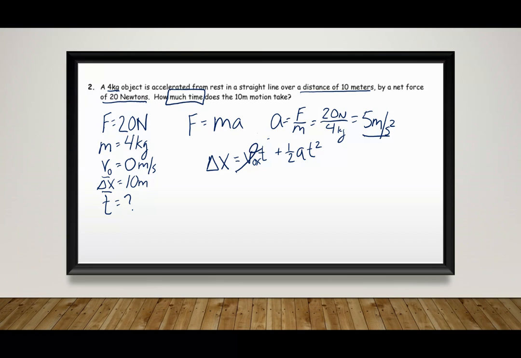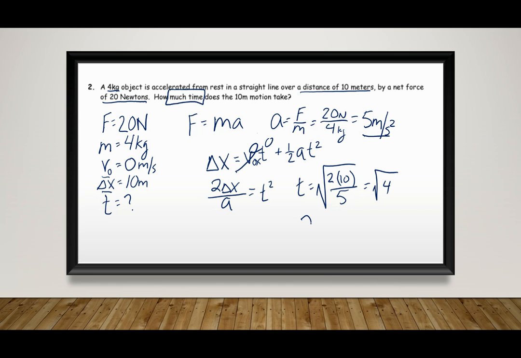So this becomes 0 because our velocity is 0. So we end up having 2 times change in x divided by acceleration is equal to t squared. Then t is equal to the square root of 2 times 10 divided by 5. So we have 20 divided by 5 is the square root of 4, so it takes 2 seconds.